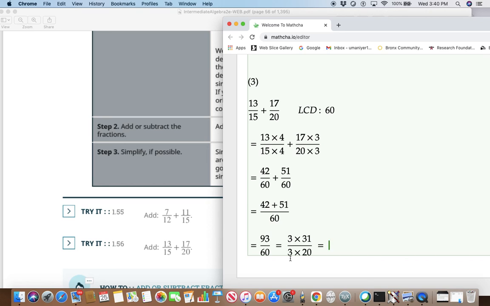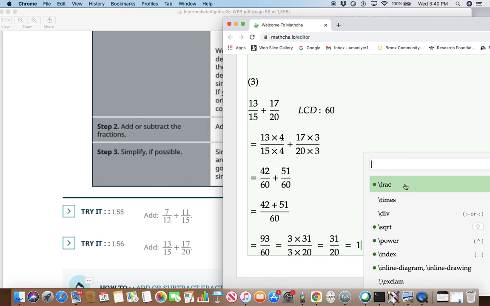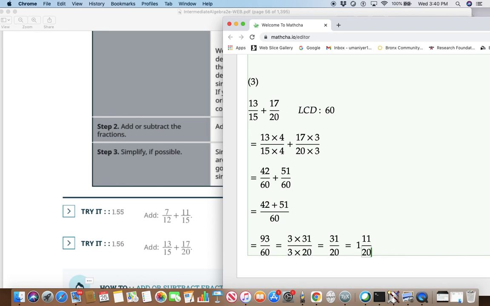So 3 reduces, you have 31 over 20, which is not a proper fraction. How many 20s go in 31? 1. What's left over? 11 out of 20. That's the mixed number for this improper fraction.